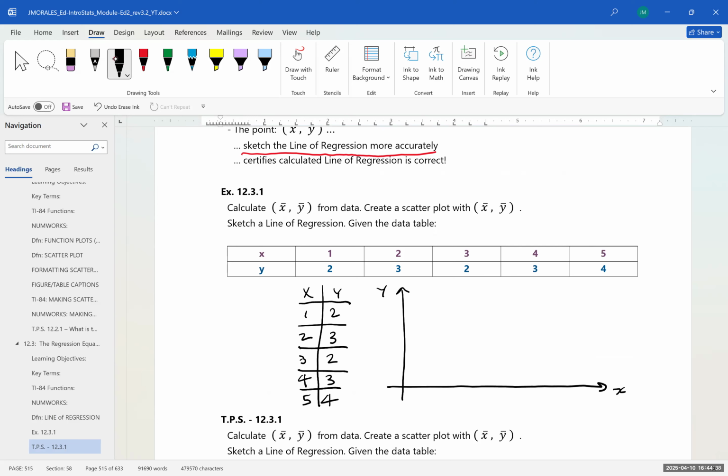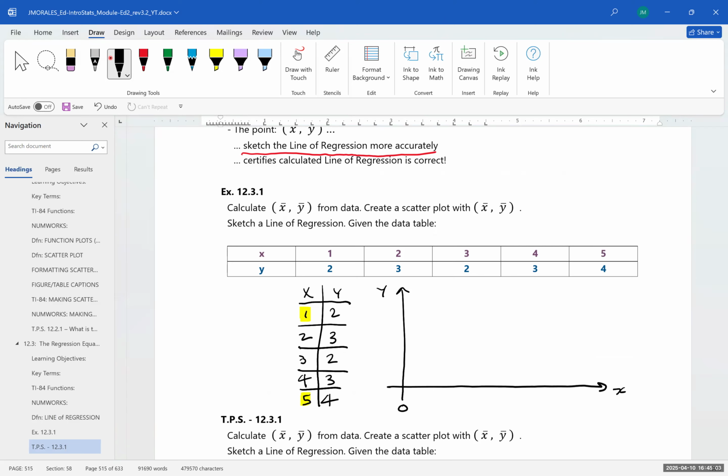Whenever you're going to sketch something by hand, what you want to look for, like in the x-axis, is what are my minimum and maximum values. The minimum value I have is a 1, and the maximum value I have is a 5. So if I started with a 0 and ended with a 5 on the x-axis, I would be good.